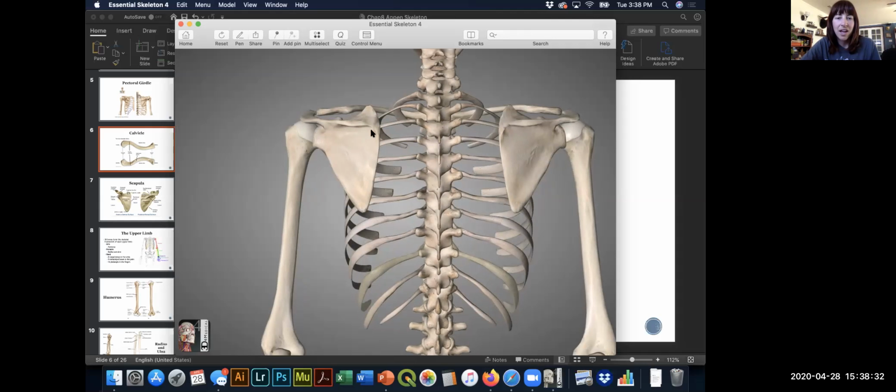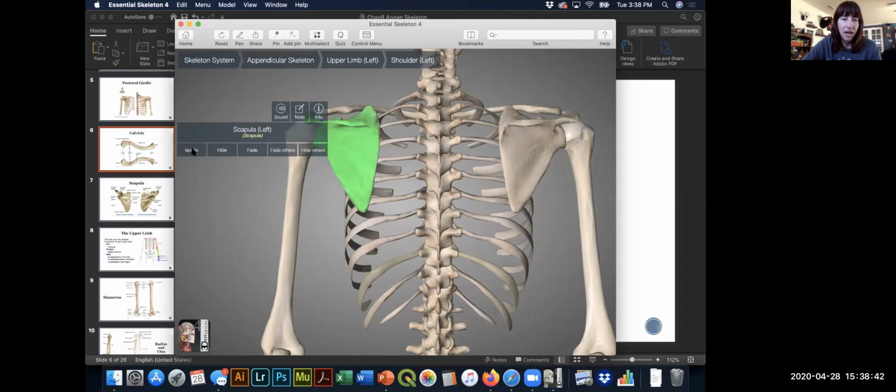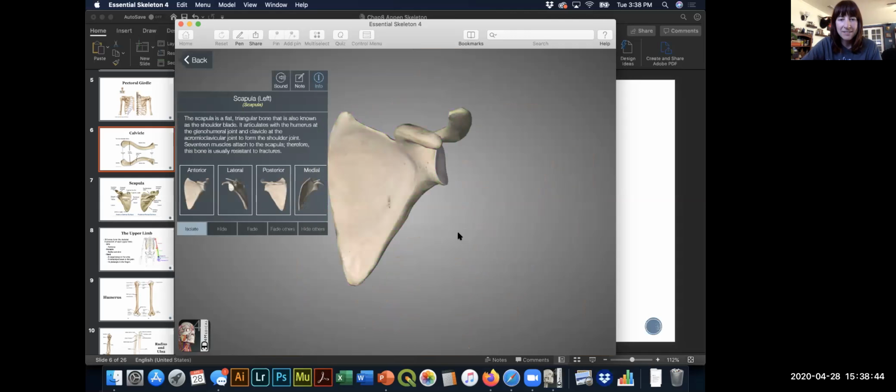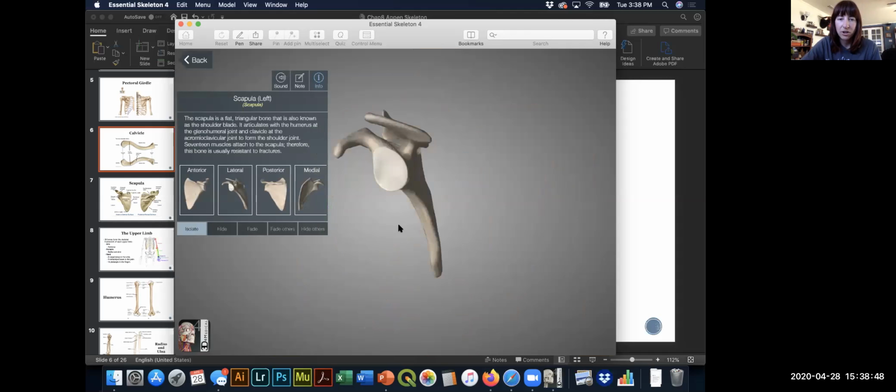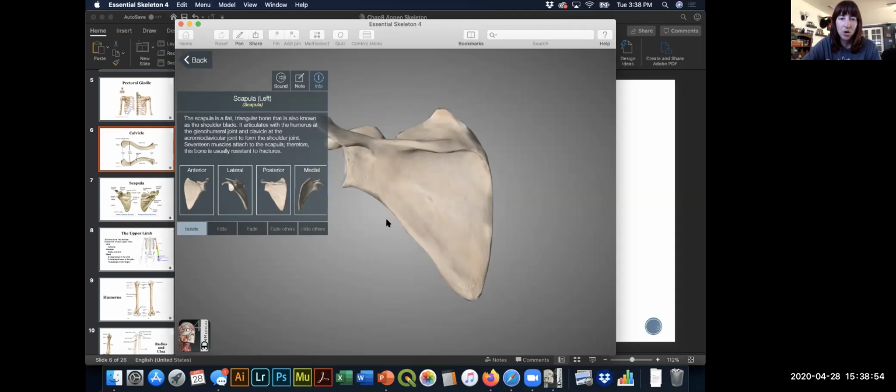The medial side is going to be the long flat edge that's going to be up against or next to your vertebral column, right? So if you take your scapula and you isolate it, you're going to want to look at where the glenoid cavity is and say, okay, that's where the arm sticks on. So if that's where the arm goes, then this is where the vertebral column is, right?